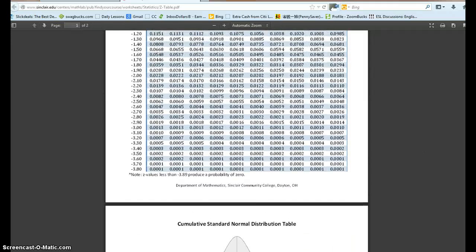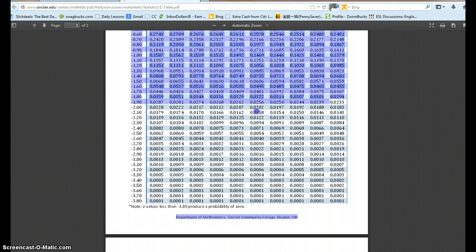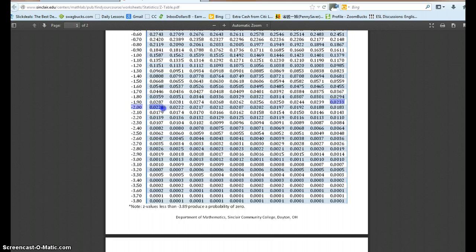Because this is 0.028, 0.029, it's kind of between these two. 0.023 is between these two values, 0.0233 and 0.0228.